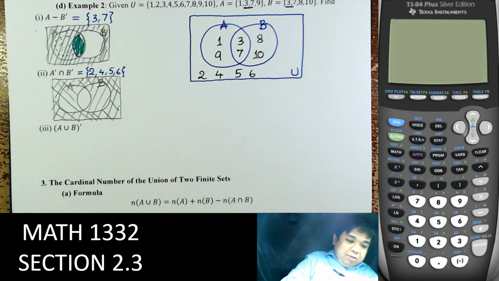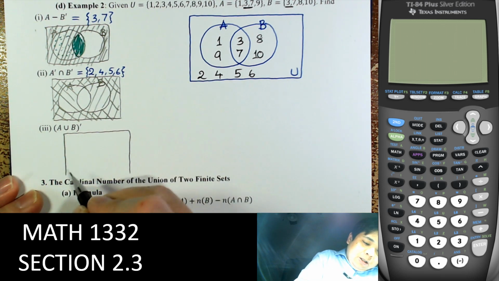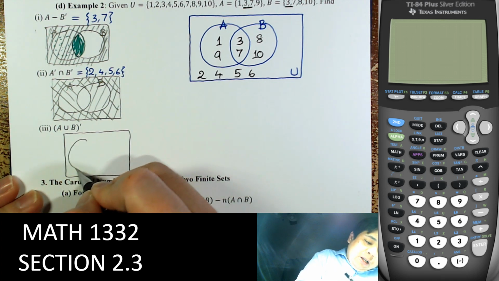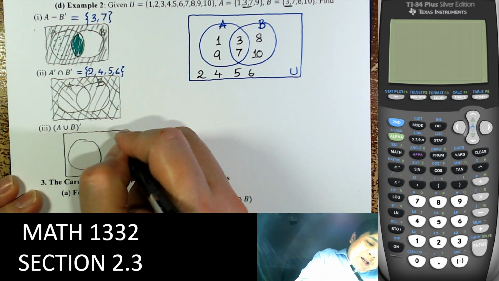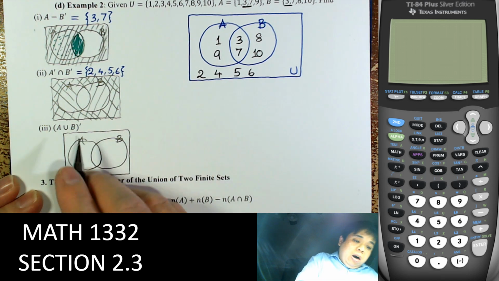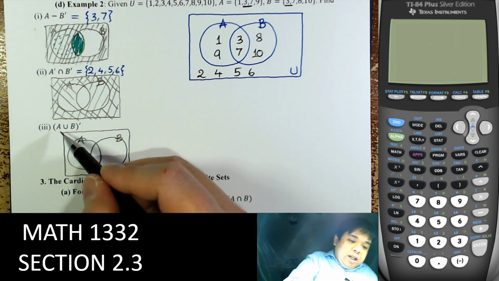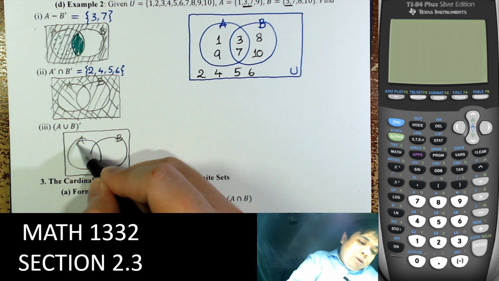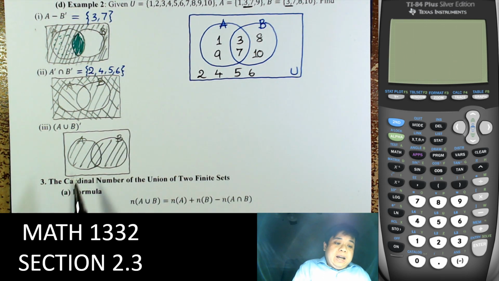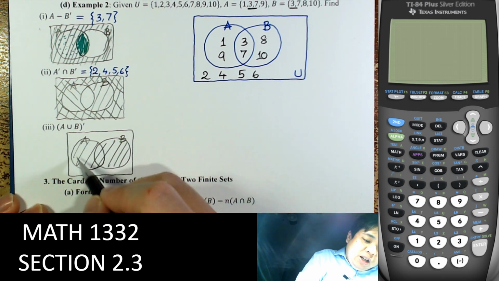And then the last part, the complement of A union B. We have to do inside the parentheses first. Inside, A union B, of course, that's the marked region. That A union B, and then the complement of that, meaning the answer will be outside of the marked region.